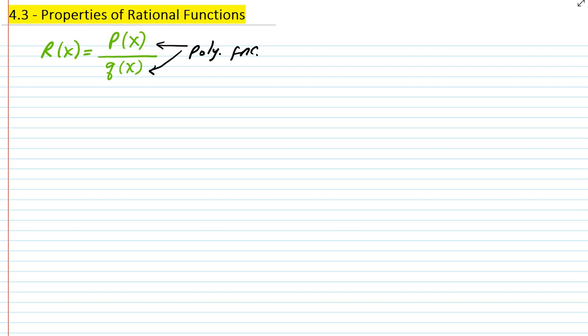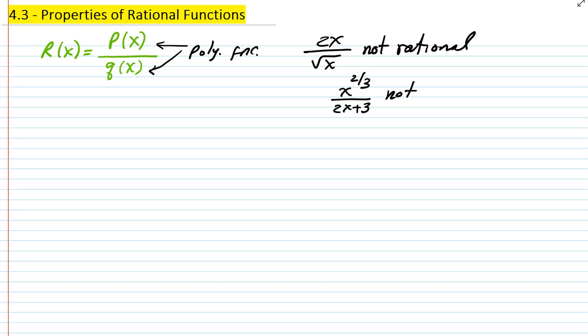So if we have something, for example, 2x over square root of x, this is not a rational function. If you have x to the 2/3 divided by 2x minus or plus, I don't know, 3, this is not rational either. So it's very important to recognize what we're working with. We're looking at rational functions whose numerator and denominator are polynomial functions.